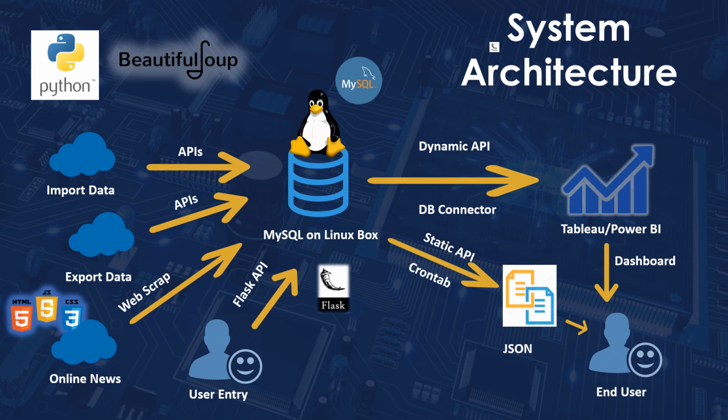The data is outputted using a dynamic API where a user can specify a specific HS code for which he wants the data. And this data is fed into an application layer with Tableau, and the end user can do analytics on that. The news, which is aggregated through web scraping, comes out through a static API, which is read out as a JSON.